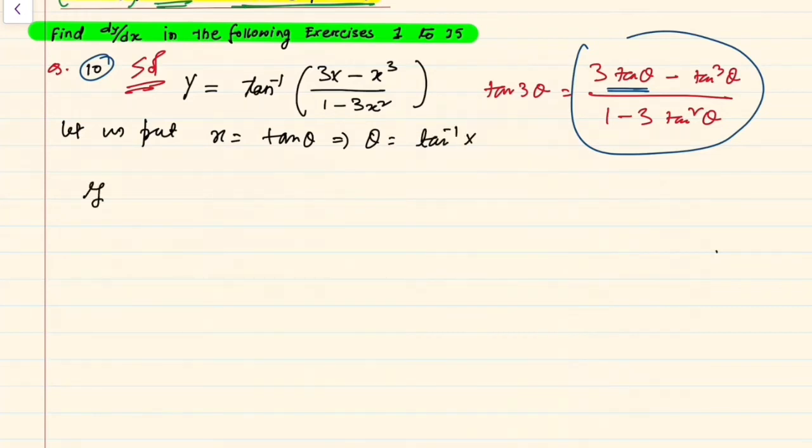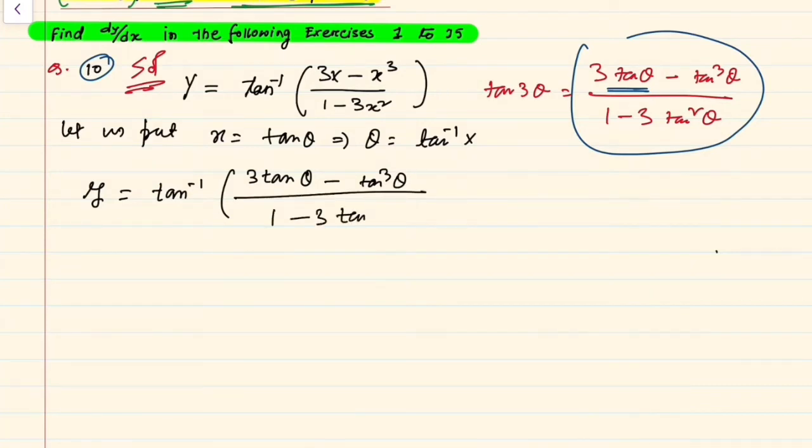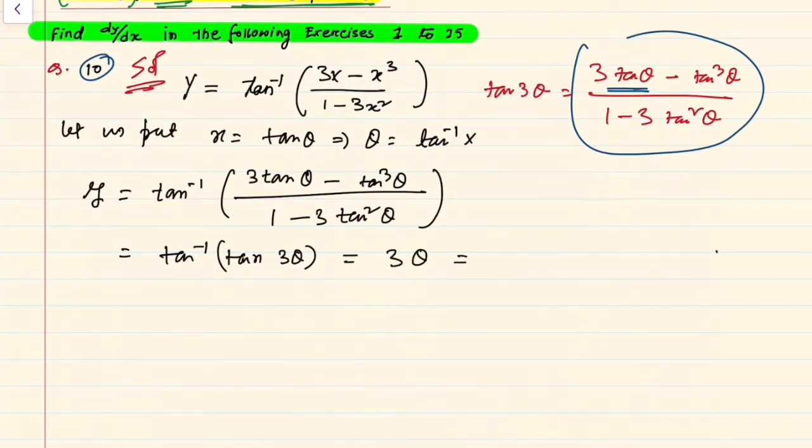Then y is equal to tan inverse of (3 tan theta minus tan cube theta) by (1 minus 3 tan square theta), and that's going to be equal to tan inverse of tan thrice theta, and this gives 3 theta, and the value of theta is tan inverse x as we have considered here.